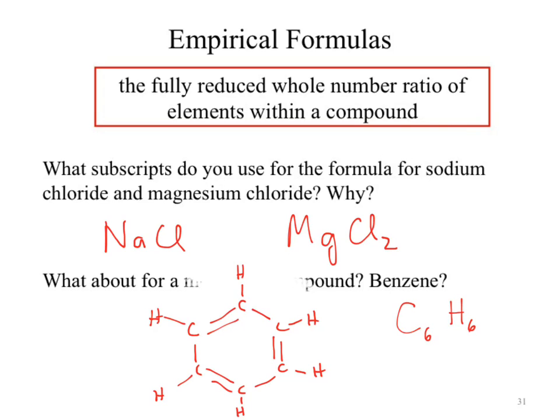For sodium chloride, did I write Na6Cl6? Why not? It's an ionic compound. I'm reducing it to the smallest whole number ratio. So why, when I look at the formula for benzene, am I writing C6H6 and not, say, CH? What's the actual structure?